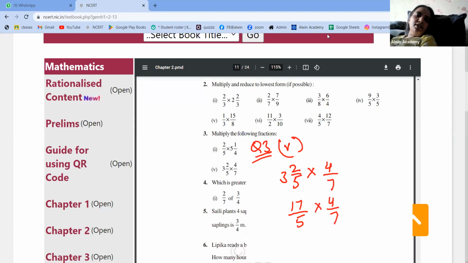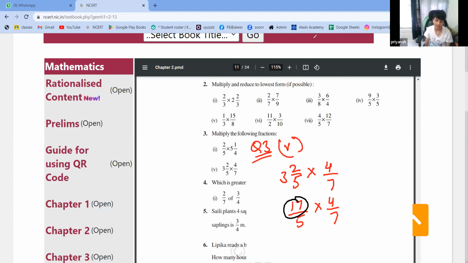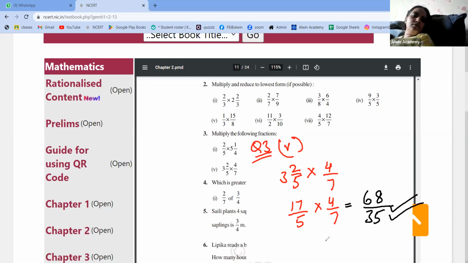Now tell me, can this 17 be simplified with any of these? Ma'am, then you have to just do 17 multiplied by 4 would be 68 and 35. Then you have to simplify with that. 68 and 35. Then you can simplify. That is the answer. Therefore, you can do it correctly if you pay attention on screen. And if you do it nicely, the answers are correct, right? Yes, ma'am.